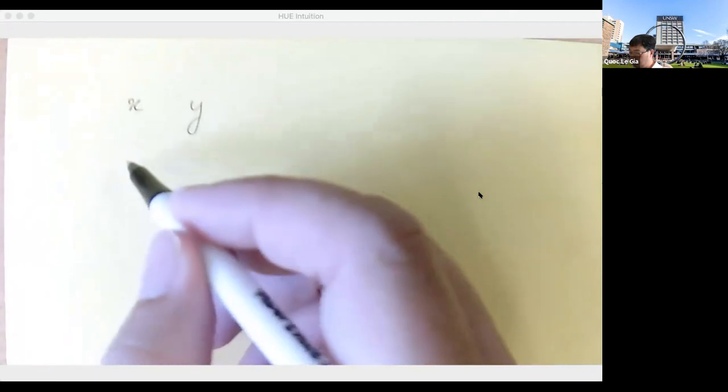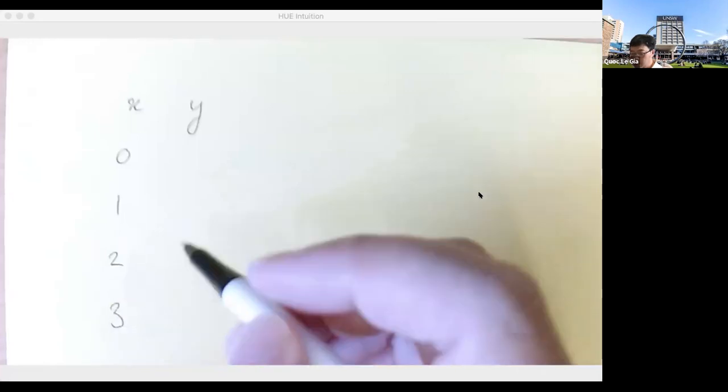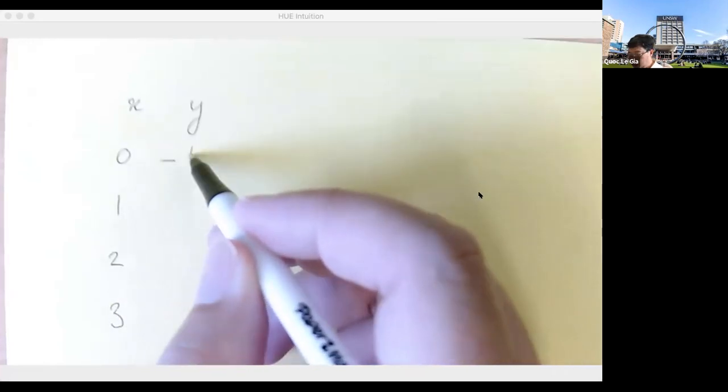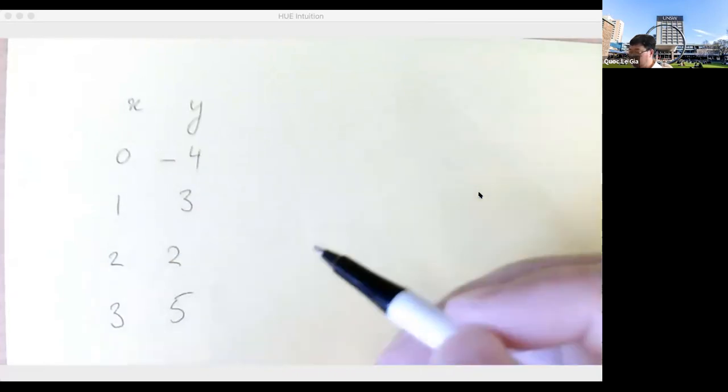Okay, so the divided difference table is, you have x here, you have y here. So x is 0, 1, 2, 3, and y is minus 4, 3, 2, 5.